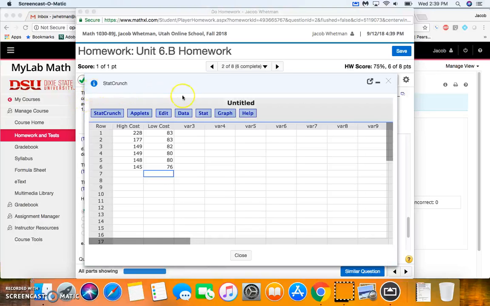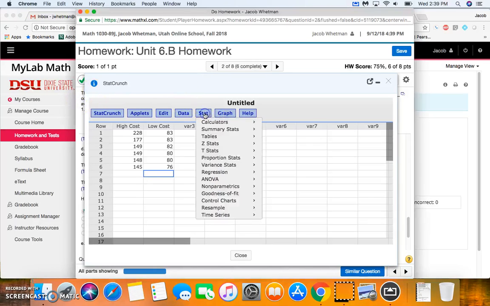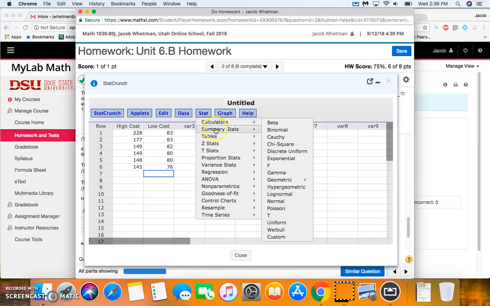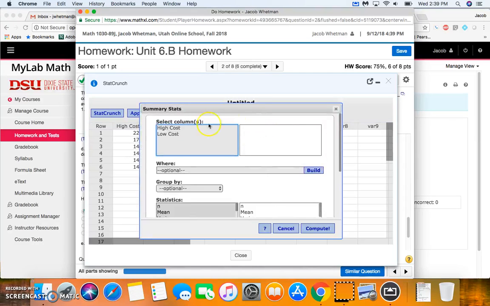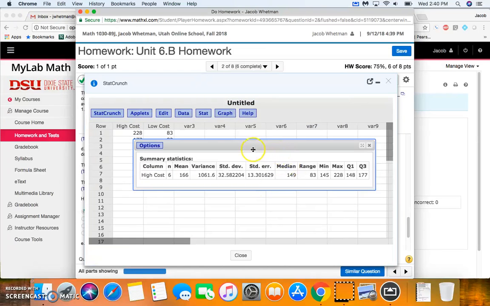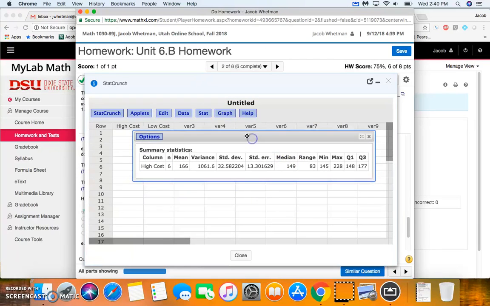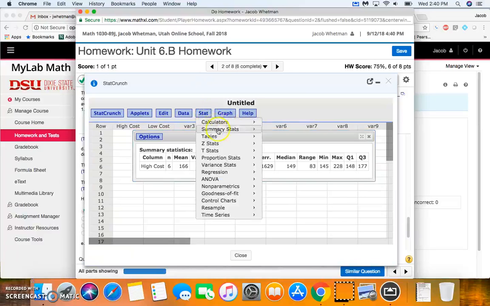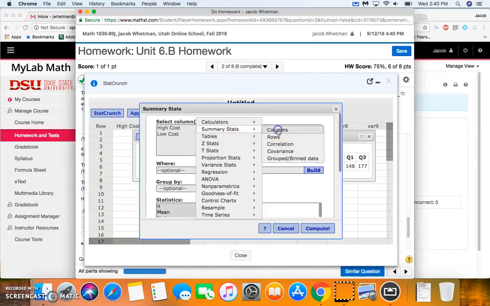So I'm going to click on Stat and Summary Stats by column. First I'm going to do high cost, and it's already got all of the statistics selected that I wanted. So I'm going to click there, and you can see there's my high cost. Then I'm also going to bring in my low cost.